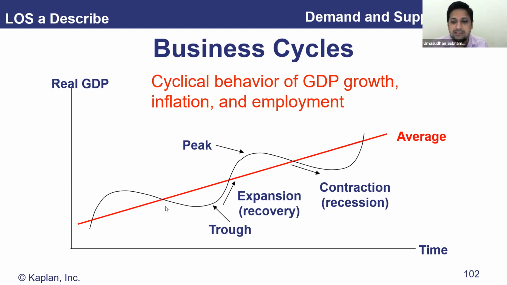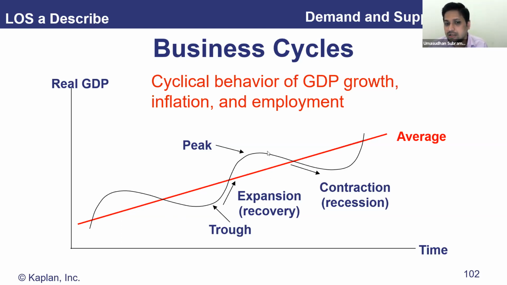See what's happening over time. Your GDP is falling. Look at what's happening: it's a trough. It's a very bad economic period. And then what happens? Your economy reaches a peak because they recover.